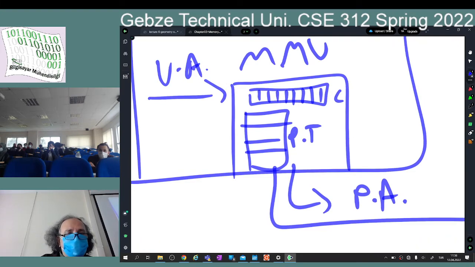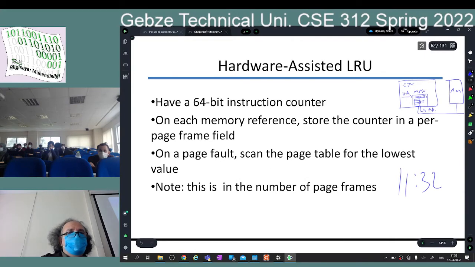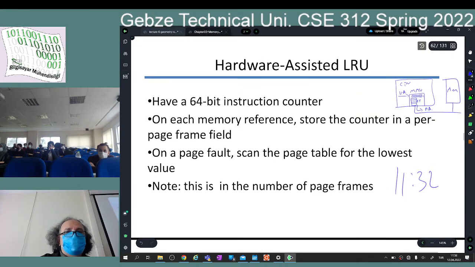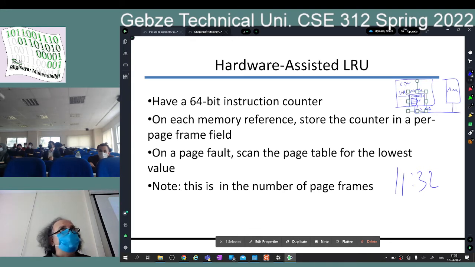But while I am doing this, with this memory reference, I store the counter in the page table, saying that I accessed this page at this counter time. So I know exactly the last time that page has been accessed.